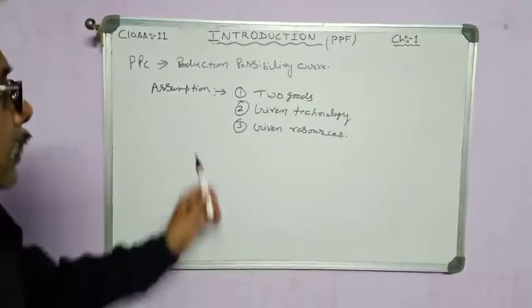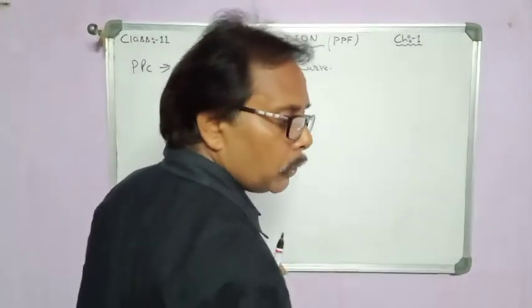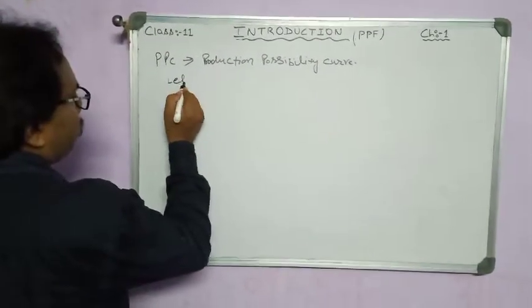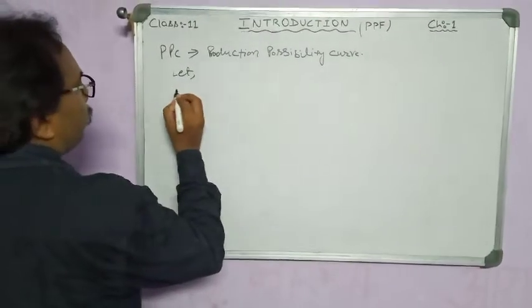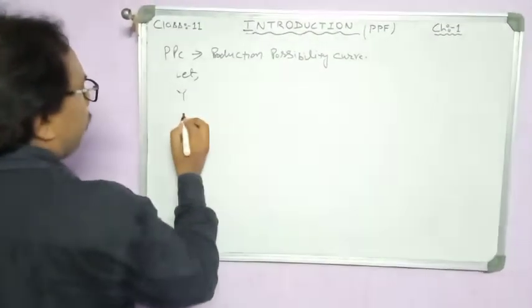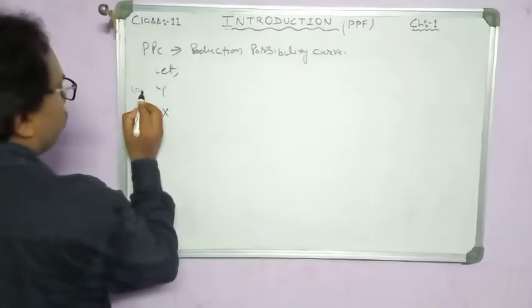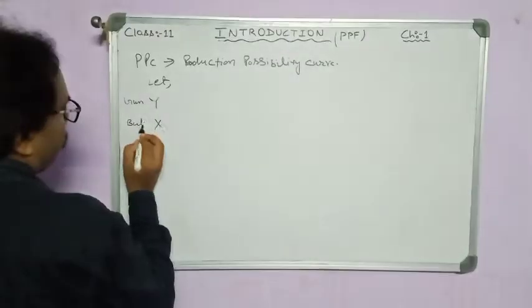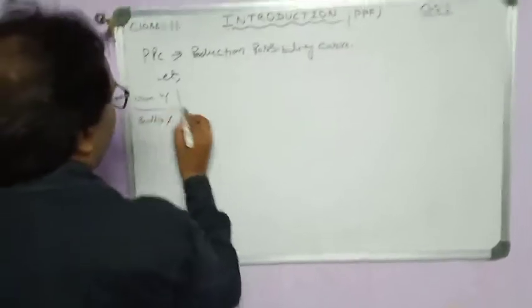Okay, on those assumptions, first see how a schedule works. Let there be two goods, Y and X. Suppose Y is gun and X is butter.